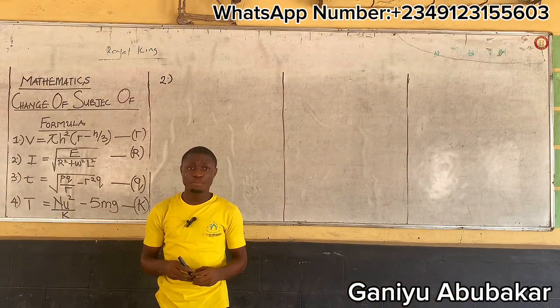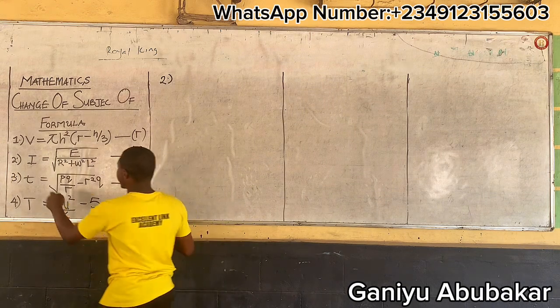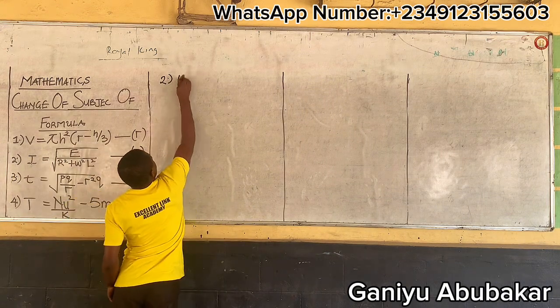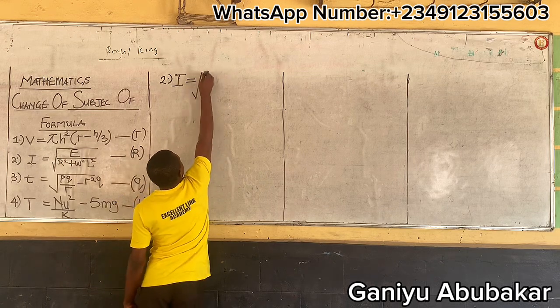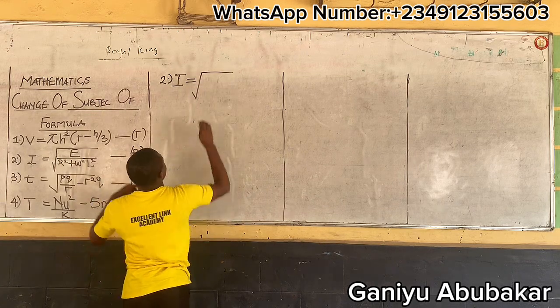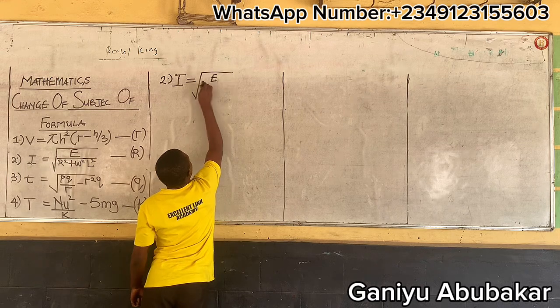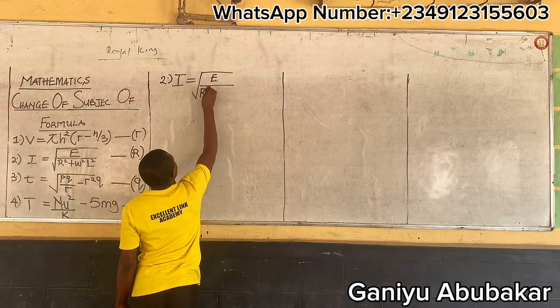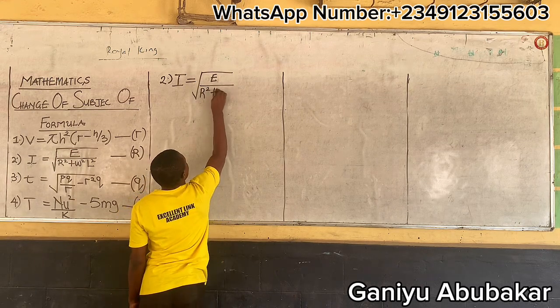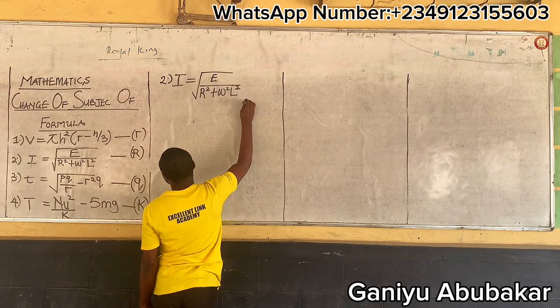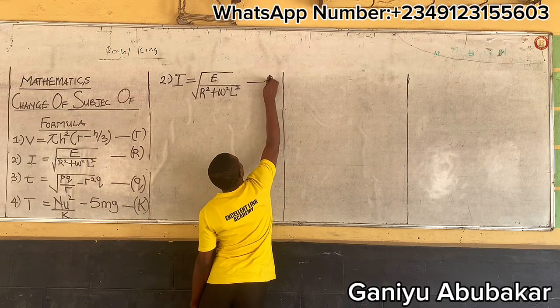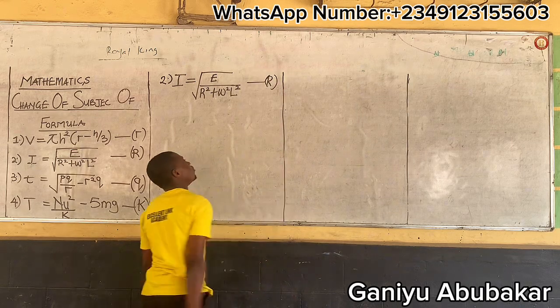Let's do example 2. It says that I is equal to the square root of E all over R squared plus W squared L squared. And in this case, we are asked to make capital R the subject of the formula.